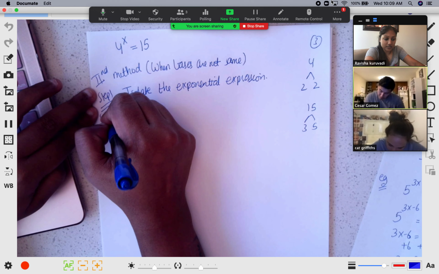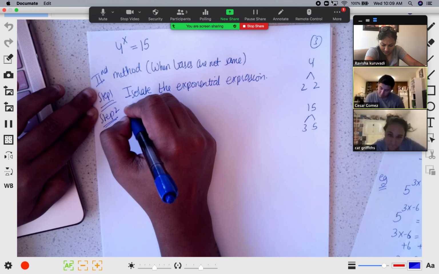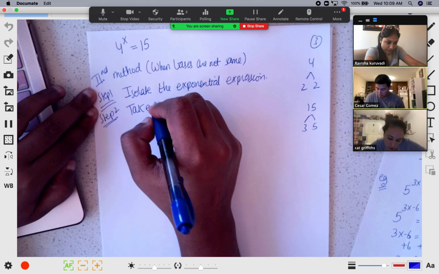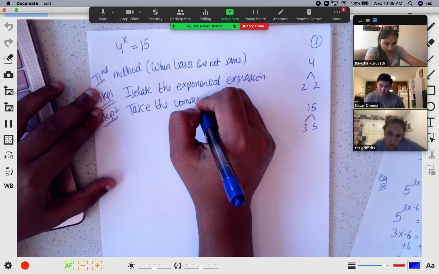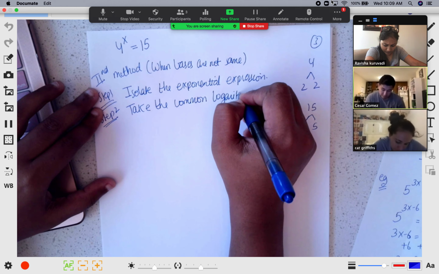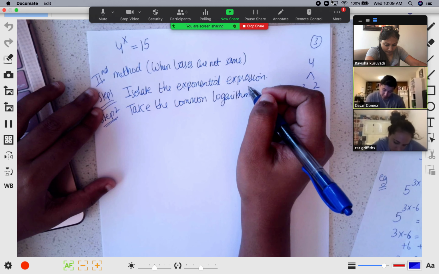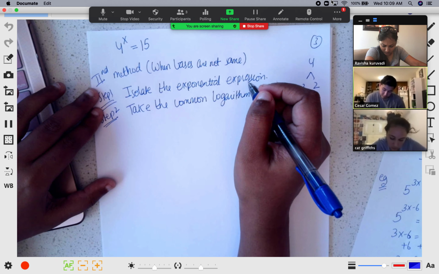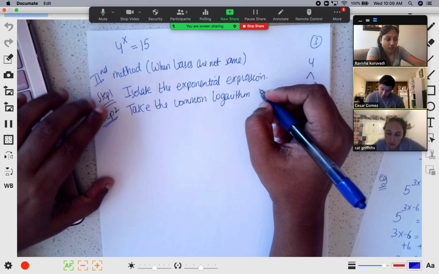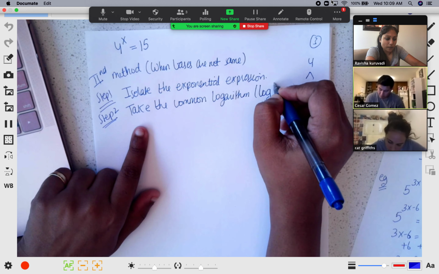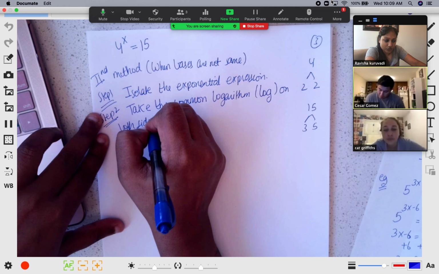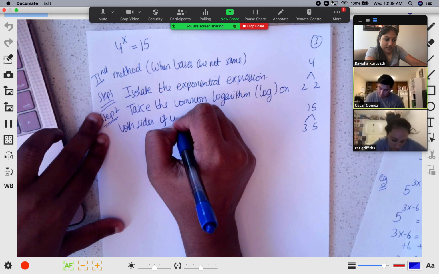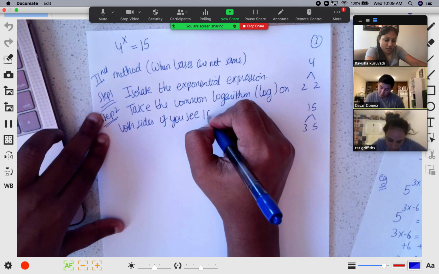Step 2 says take the common logarithm, that means log, on both sides if you see 10 in the question.